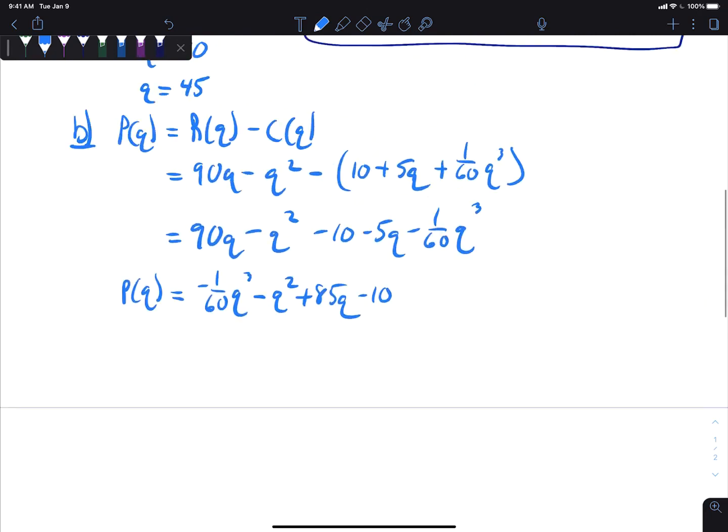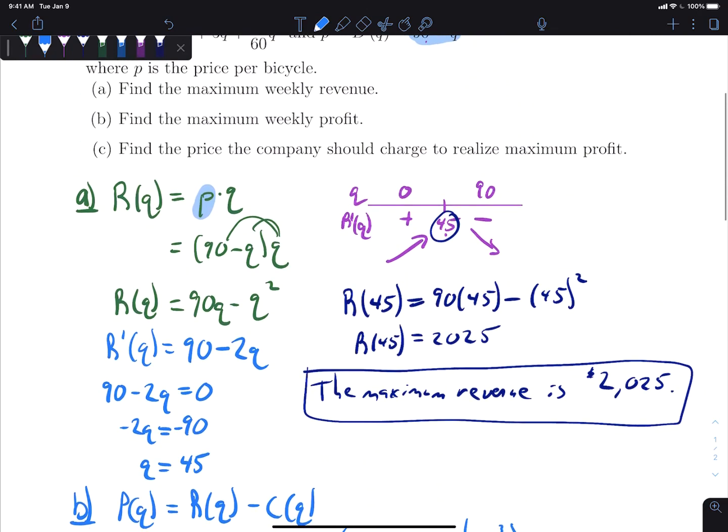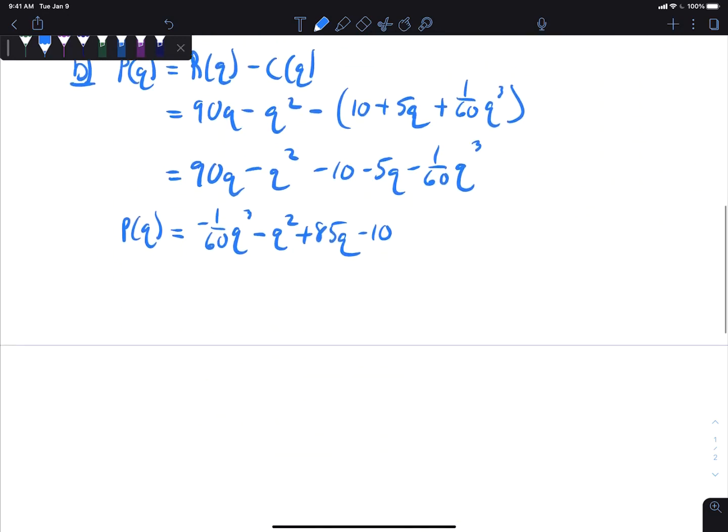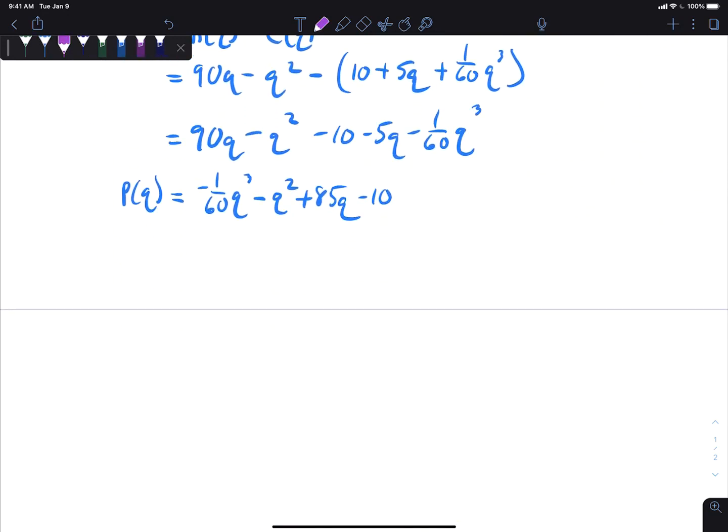So if we're trying to find the maximum weekly profit, we need to first take this derivative. So P prime of Q: bring the 3 down in front, negative 1/60th times 3 is negative 1/20th, and then Q squared, minus 2Q plus 85. Good. And at this point, we just solve that by setting it equal to 0.